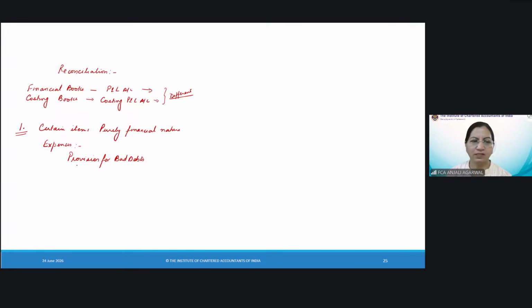There is always this question of whether bad debts are recorded in cost accounting or not, maybe and may not be. Some people consider that yes, bad debts occur because you're wanting to sell more, so bad debt should be part of selling expenses. Whereas some cost accountants maintain that bad debts occur because collections have not been made. So whether money is collected or not, it is not related to cost.